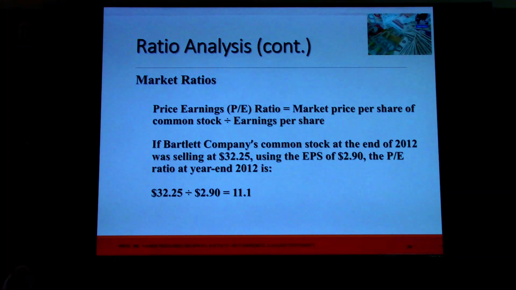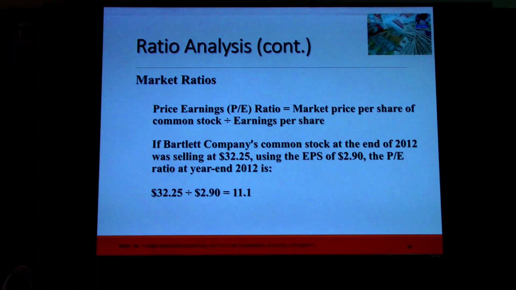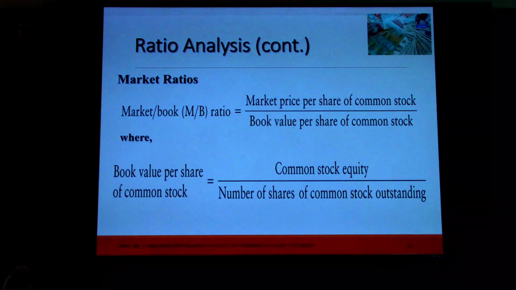In our example, the market price at the end of 2012 was 32.25 divided by the earnings per share of 2.90, and it's equal to 11.1.